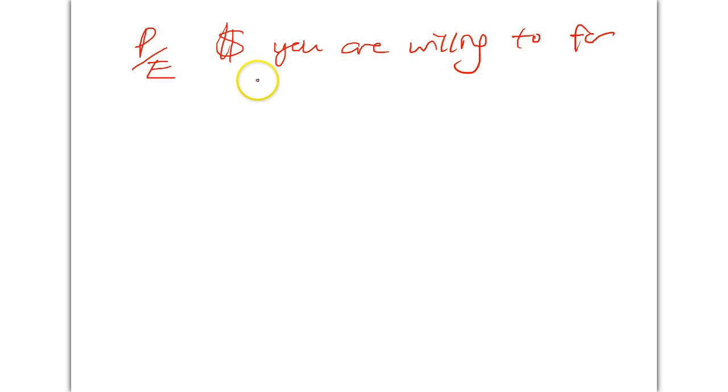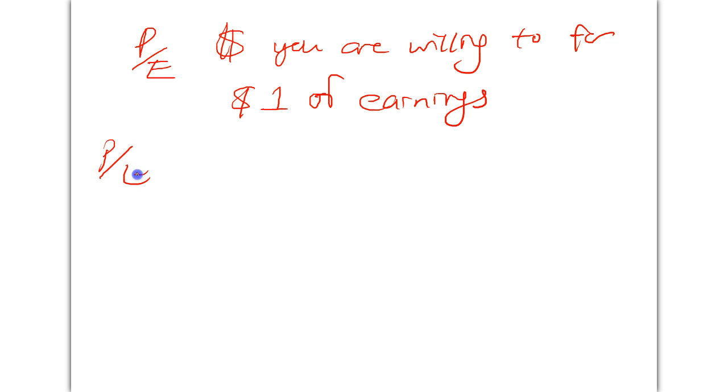The PE ratio actually shows us how much an investor is willing to pay per dollar of earnings. What is the amount that you are willing to pay for $1 of earnings? For example, a PE ratio of 20 would mean that you are willing to pay $20 for $1 of earnings.